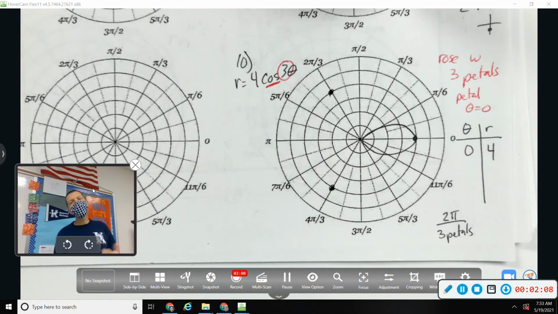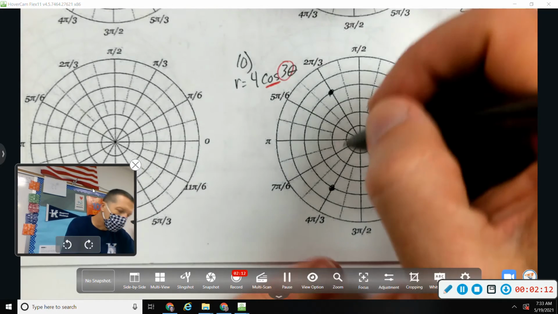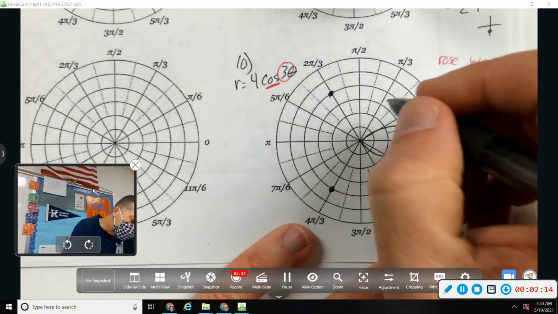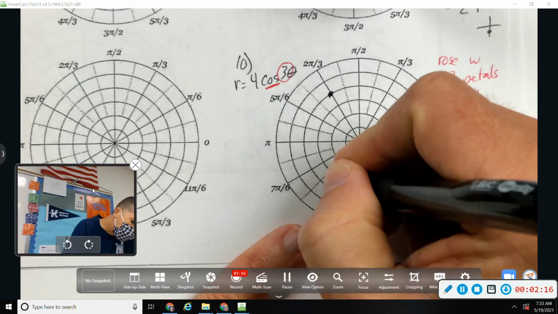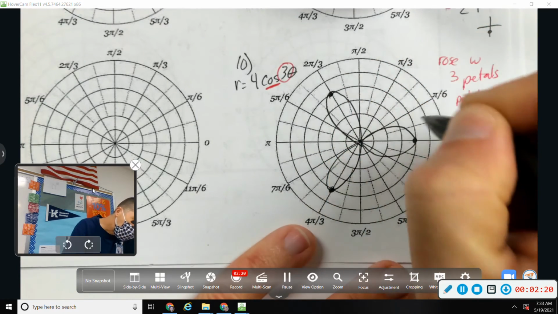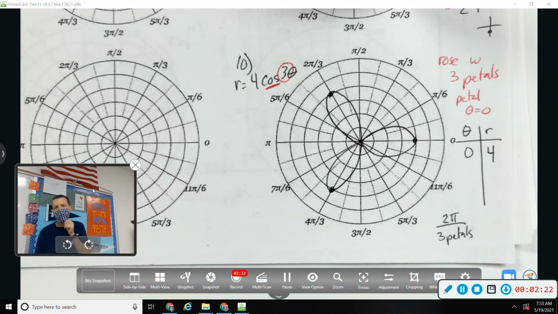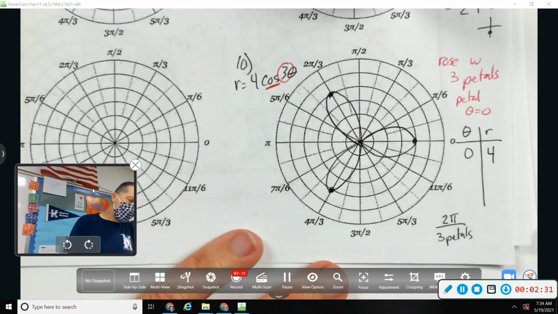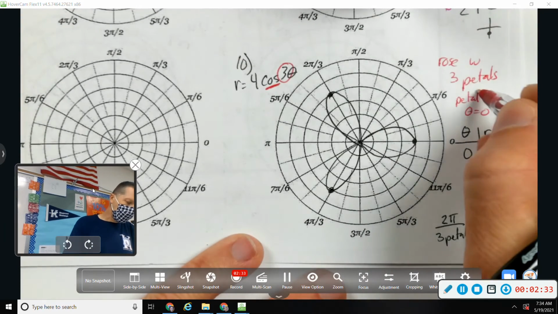And once you get them on there, you can tell by looking at it, oh yeah, those are equally spaced petals. And so there's my 3 petaled rose. Equally spaced, always equally spaced, with a petal at 0 because it's cosine.